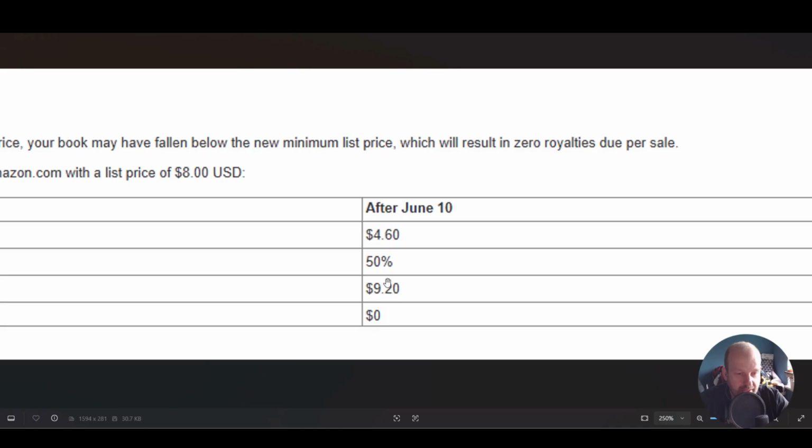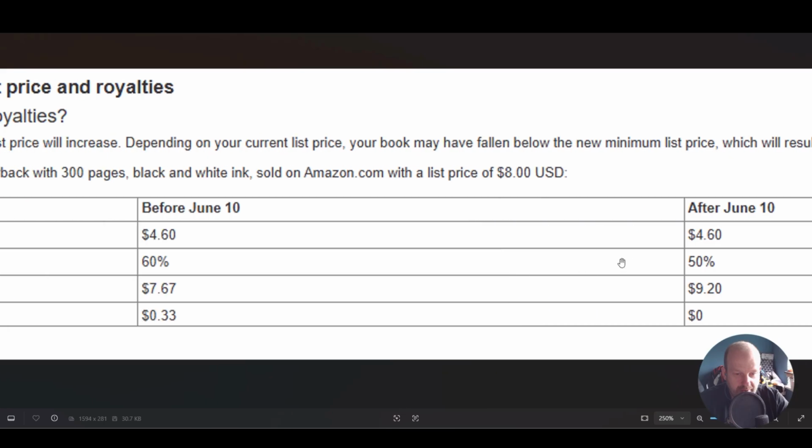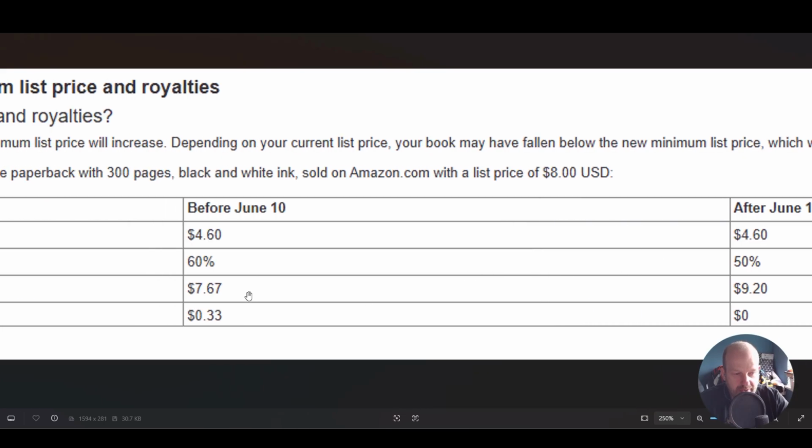And as you can see, at $9.20, you wouldn't get any royalties. So previously, your minimum list price was $7.67, you'd get 33 cents. Now you've got to add $1.13 to the price, and you still won't make a penny.